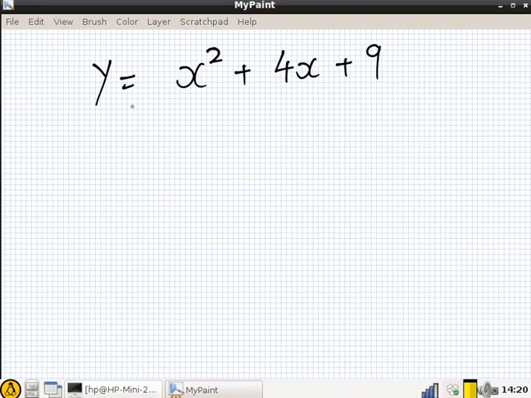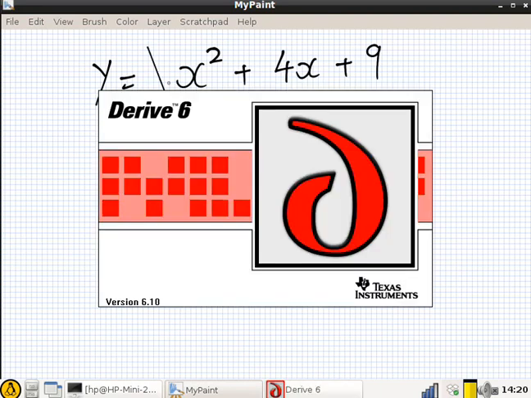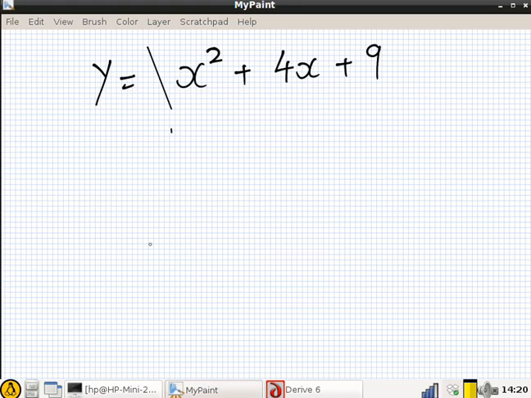So if we use the turning point, what's wrong, Joshua? Well, I'm going to do it now. So if we use the completing the square method, we get y equals x plus 2 squared plus 5. Yes? So the minimum will be where?